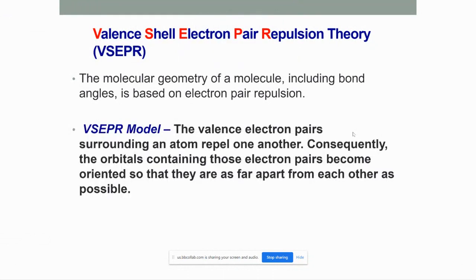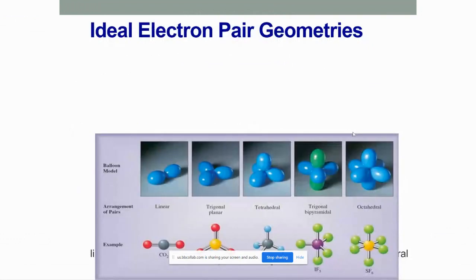All right, so VSEPR stands for valence shell electron pair repulsion theory. To think about this more, let's just look at the easy example.